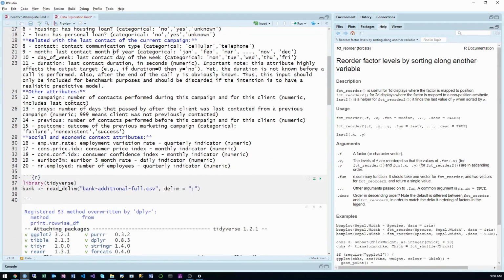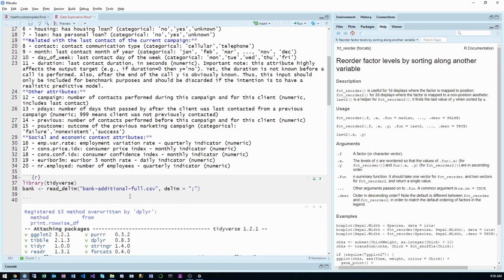Other attributes such as their campaign, previous number of contacts performed, as well as social and economic indices such as the quarterly rate indicator, the consumer price index, and so forth.